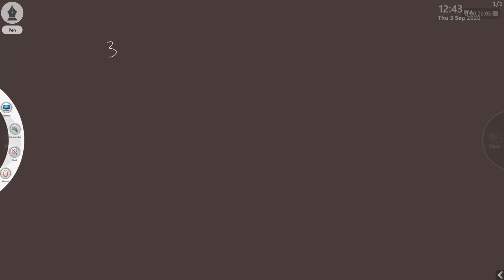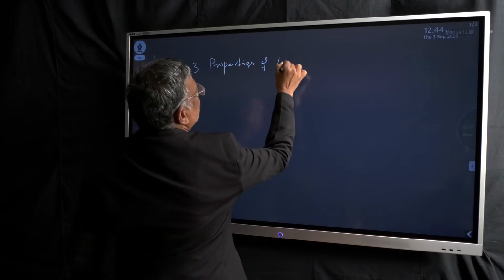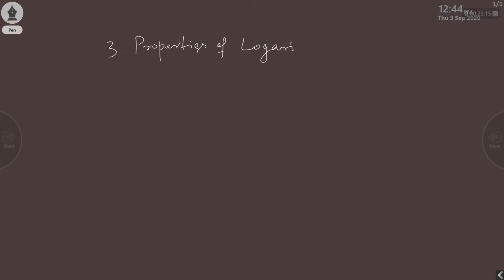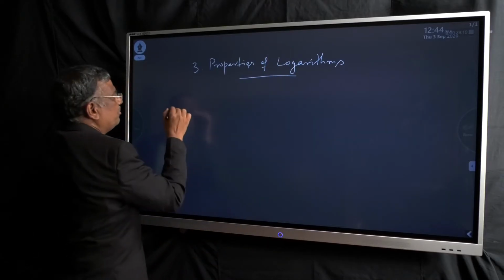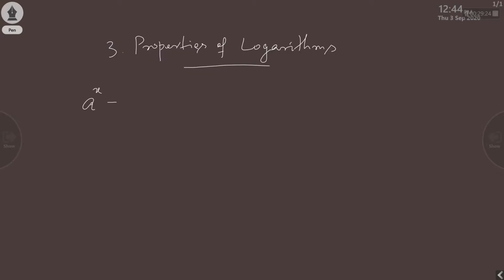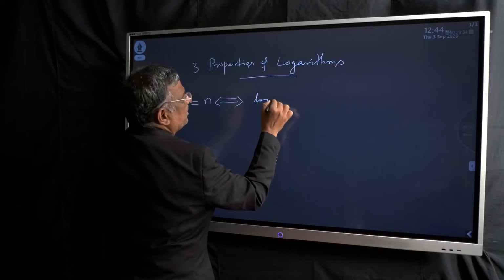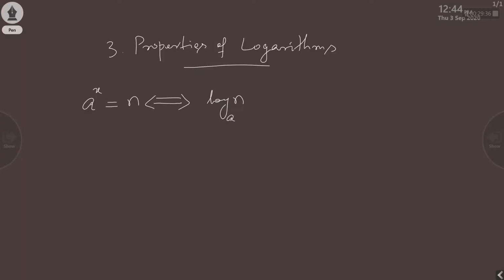Number 3, properties of logarithms. a power x is equal to n if and only if the logarithm of n to the base a is equal to x.